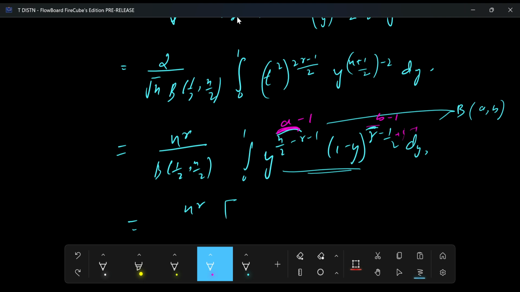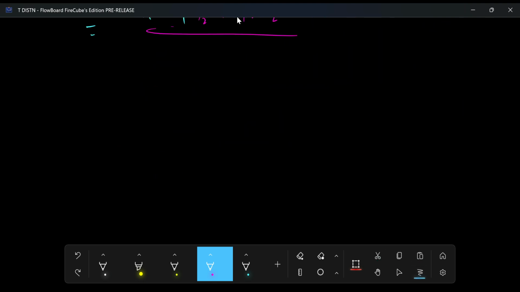So rearrange this and this. This will be nothing but gamma n by 2 minus r, gamma r plus 1 by 2, divided by gamma 1 by 2, gamma n by 2. So this is your mu 2r.